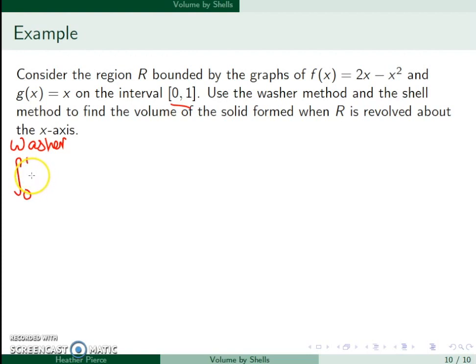So we have pi f of x squared minus g of x squared dx.